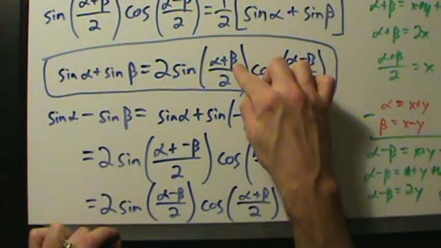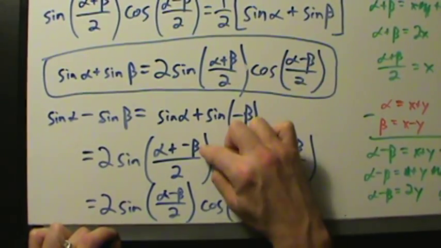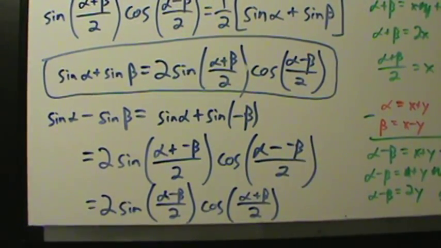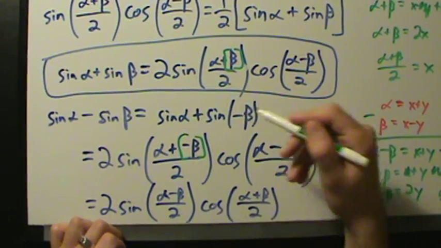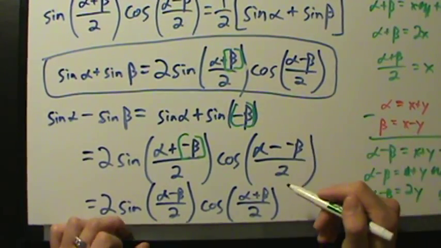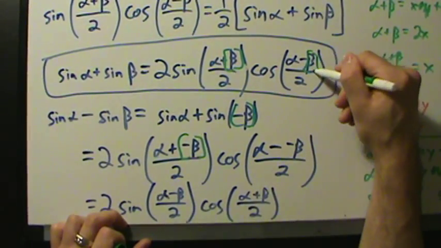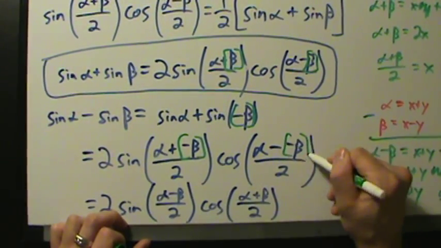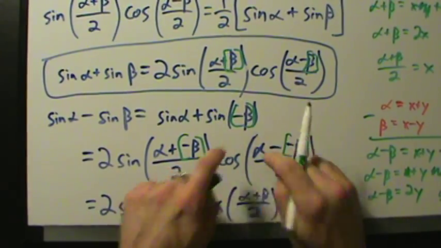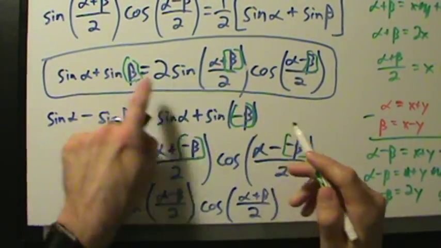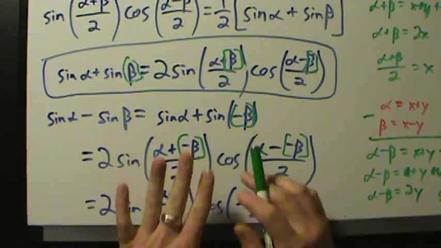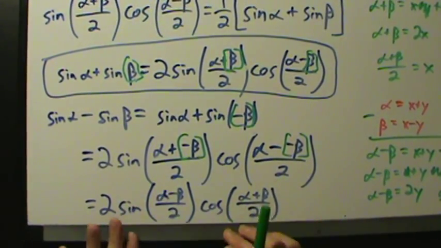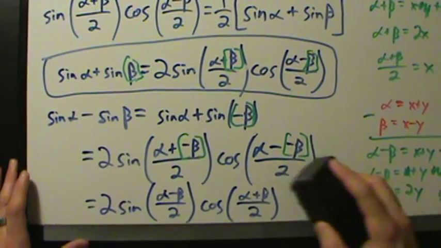So here's our beta, alpha minus beta, but here it's alpha minus negative beta, because of our negative beta right here. Then we simplified a little bit, and we got our second sum to product formula. So that's those first two.